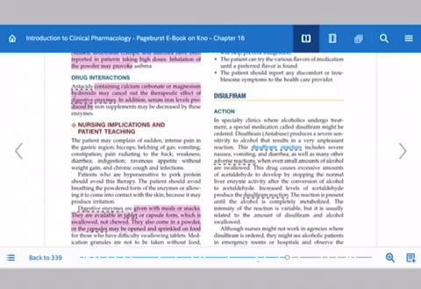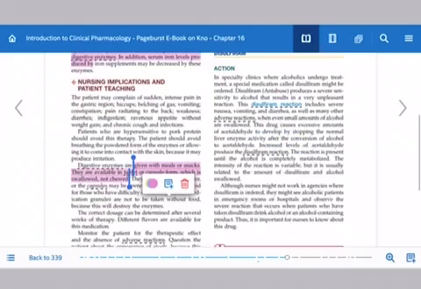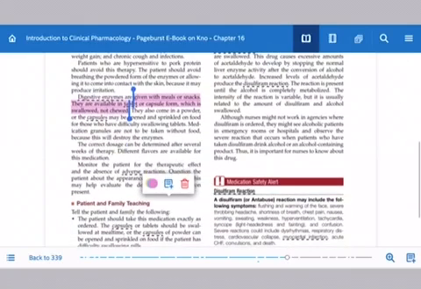They need to be swallowed whole and not chewed. Monitor the patient for therapeutic effect in the absence of adverse reactions. Question the patient about the appearance of stools because it may help you evaluate the degree of malabsorption present.